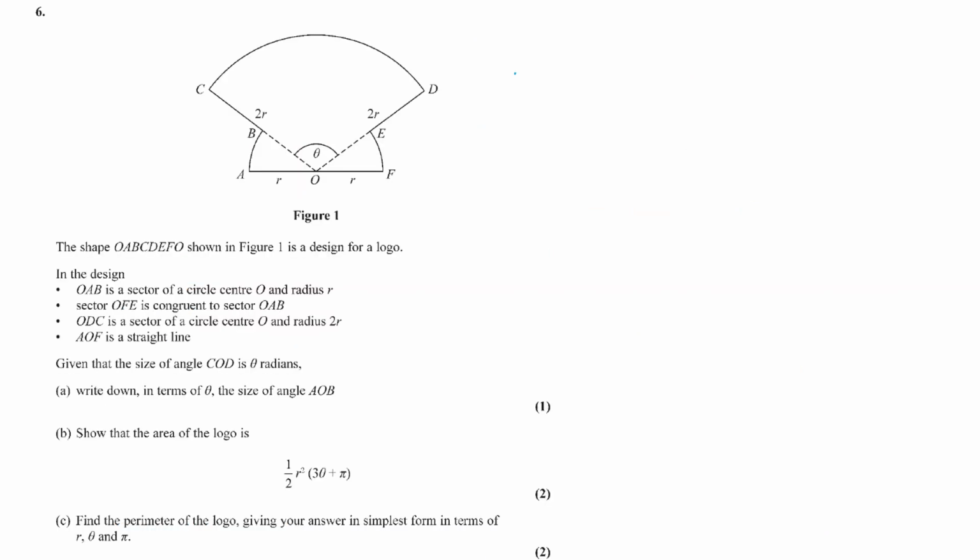In this next question, we're going to use the formulae for area of sector, which is half r squared theta, and arc length, which is r theta, and you must have theta in radians to apply those formulae.